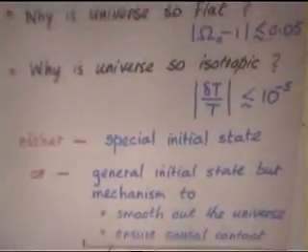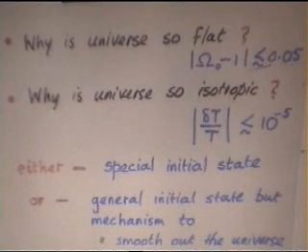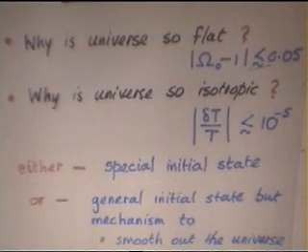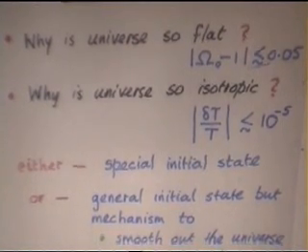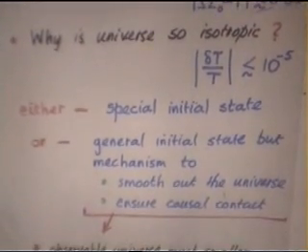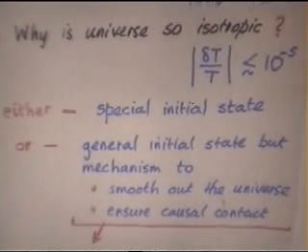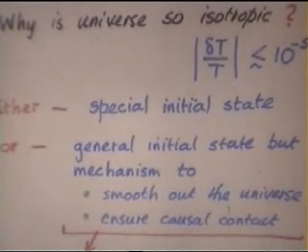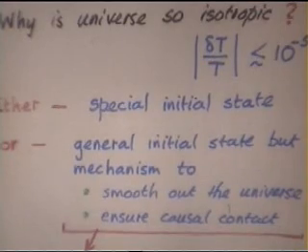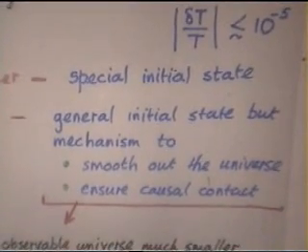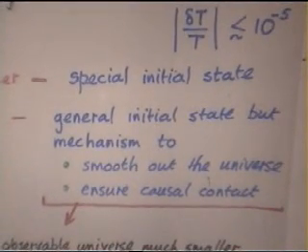Now, there are two general ways of answering these two questions. There may be others, but these are the two that I'll focus on. Either we can just say, look, the universe is a special creature, or a special object, let me say, and its initial state is set up in some special way that we don't understand, but that's the way it is, and that's just it. The other way is to say, let's suppose that the initial state of the universe was as messy as you like, in a sense, some sort of chaotic state, as much mess as you like in the initial universe, as unsmooth and unordered as you like.